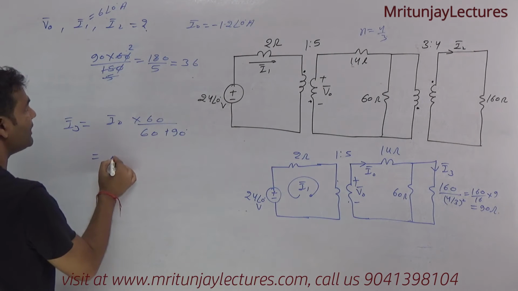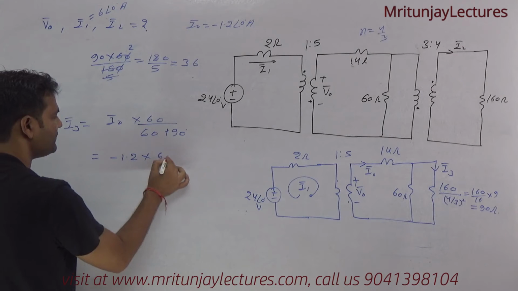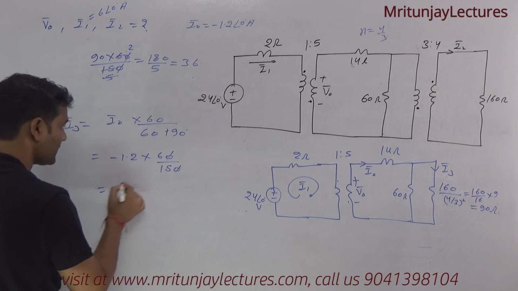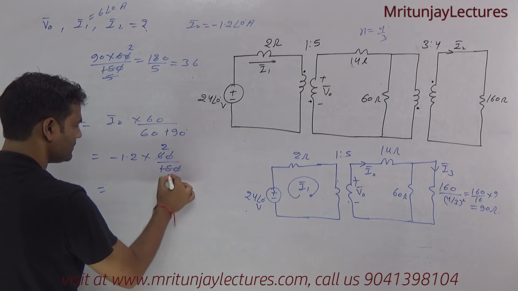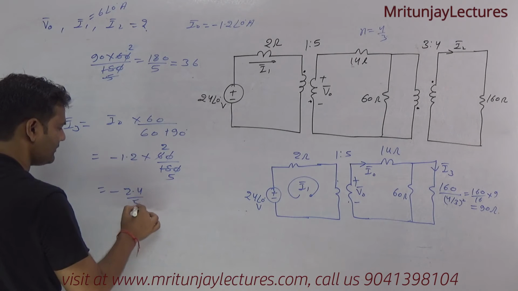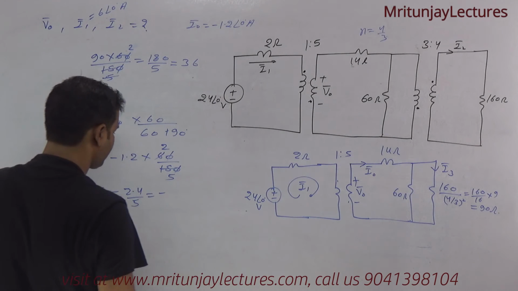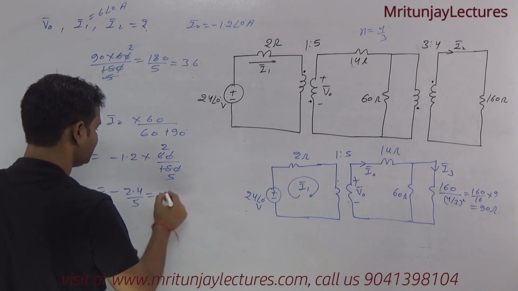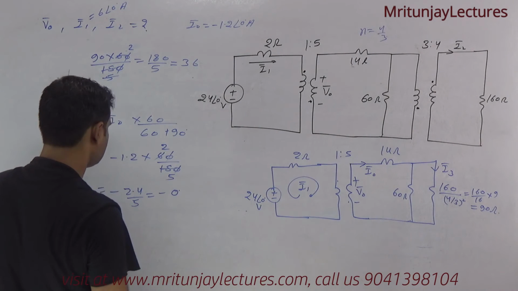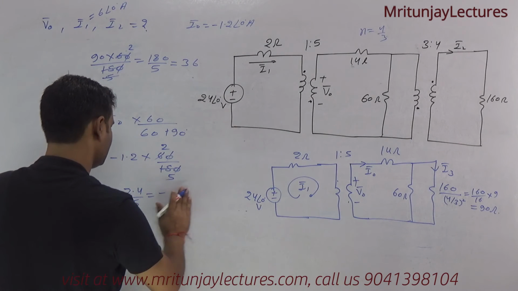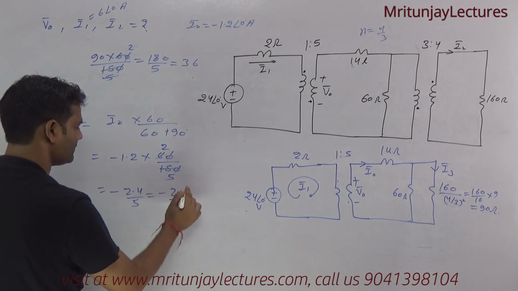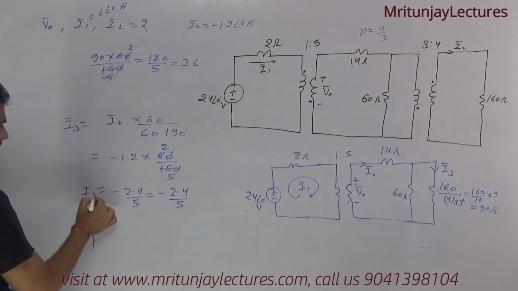So I0 is 1.2, times 60 divided by 150. Finally, I3 is 24 by 5. Simply, that is I3.